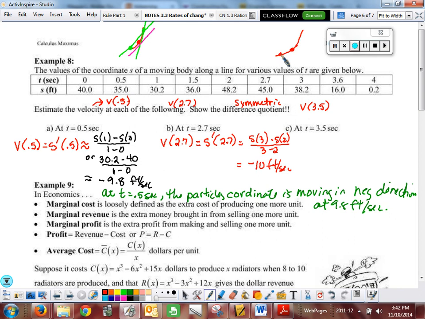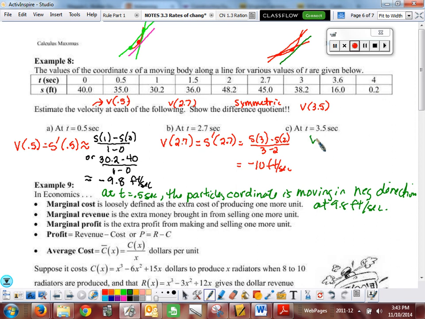Maybe 3 is over here. You could use that, or you could use the 3 and the 4. What might be a better estimate? As long as you justify, I'd probably go more with the symmetric difference quotient. So even though they gave me this 3.6, I'm going to use the symmetric difference quotient again over this.